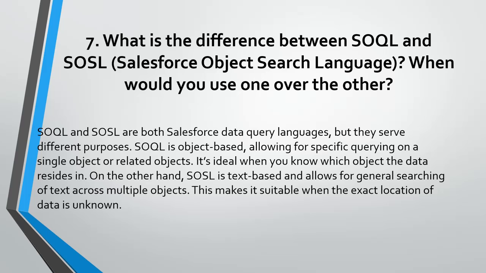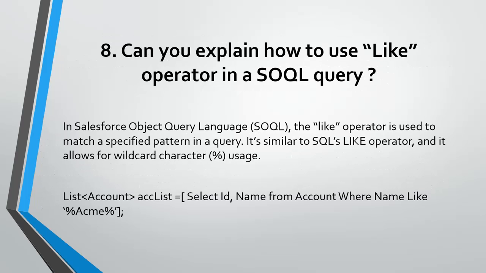SOQL is object based, allowing for specific queries on a single object or related objects. It is ideal when we know which object the data resides in. On the other hand, SOSL is text based and allows for general searching of text across multiple objects. This makes it suitable when the exact location of data is unknown.